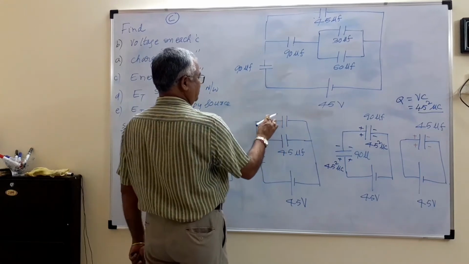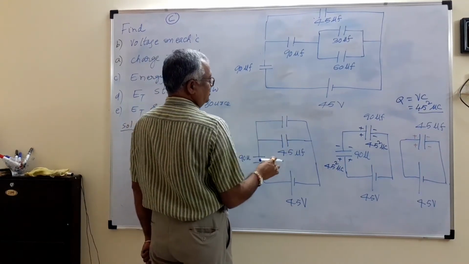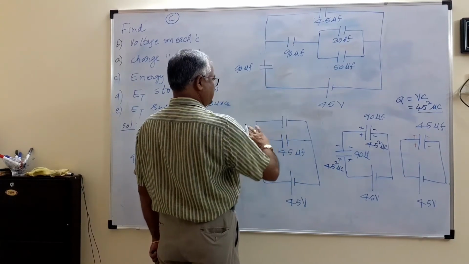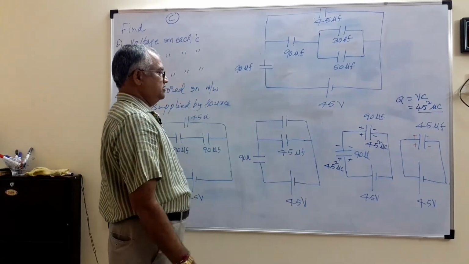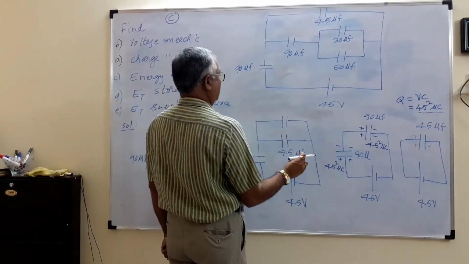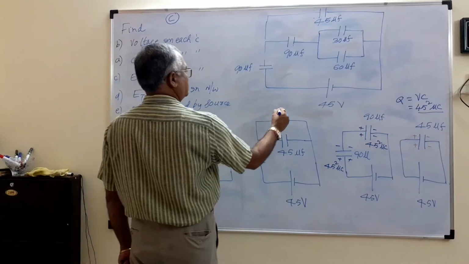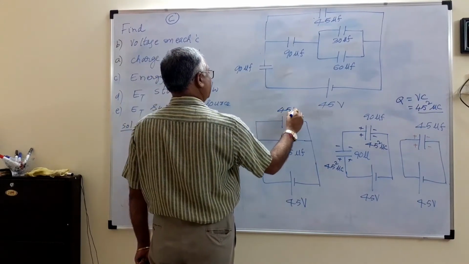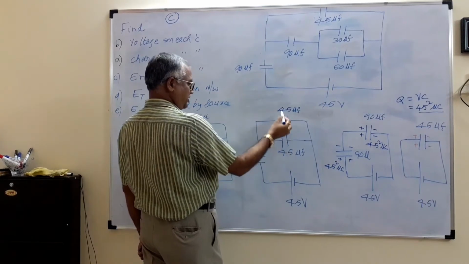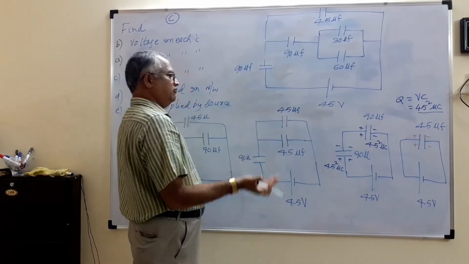Again come here. But they are connected in parallel. Parallel, what is same? Voltage is same but charge divide. So when the capacitor values are equal, charge also divides equally.